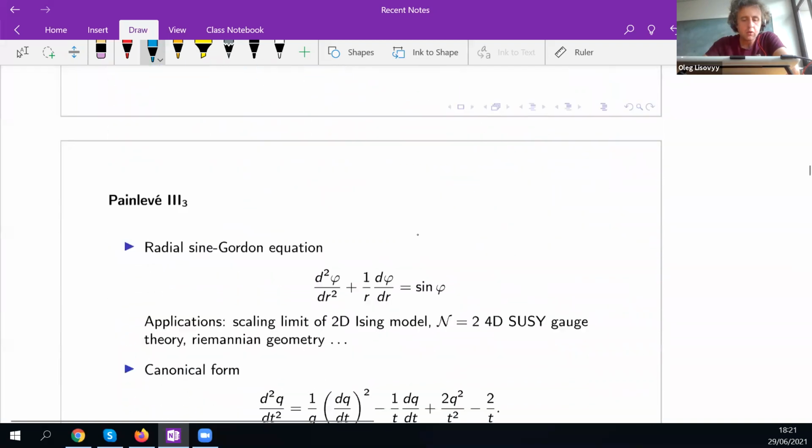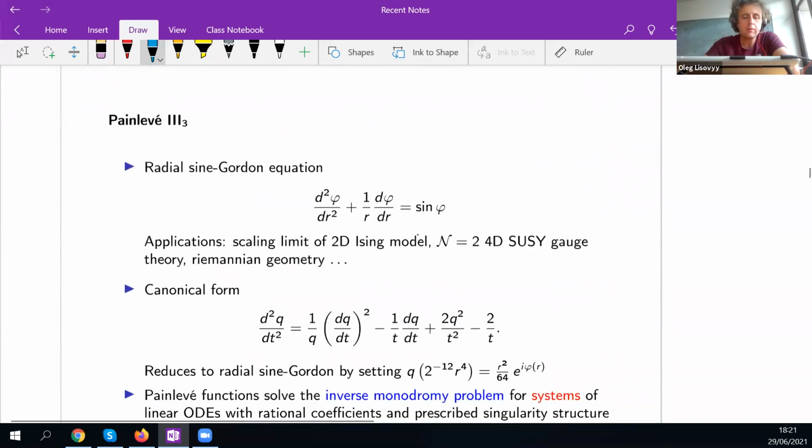Fine. So now let me pass to Painlevé equations. The nonlinear relative of Mathieu equation is the so-called Painlevé 3-3, or sometimes we use the notation Painlevé 3 D8 equation.